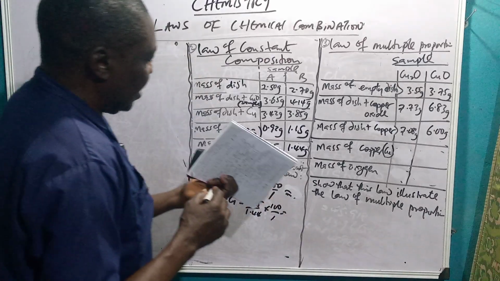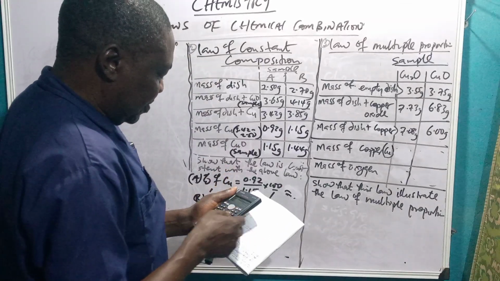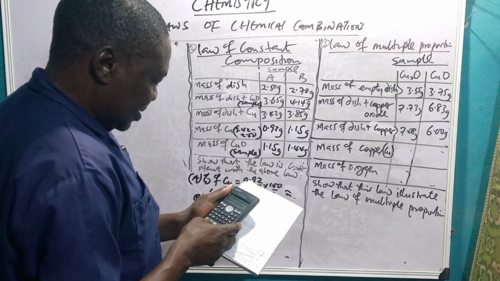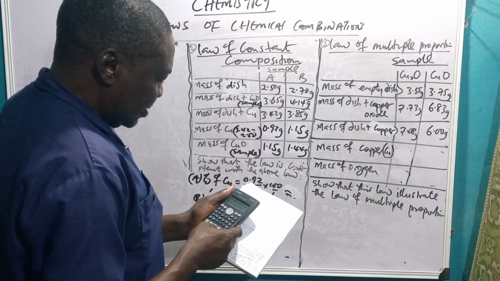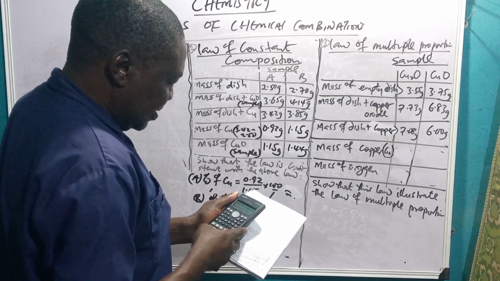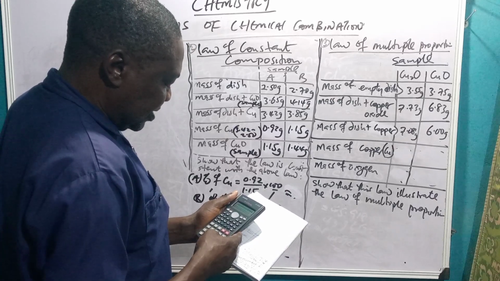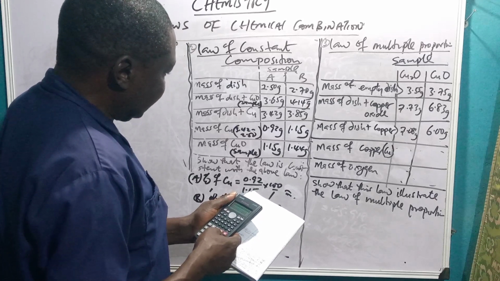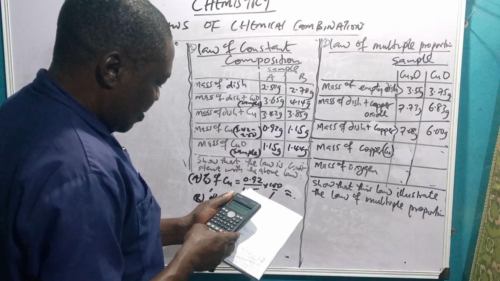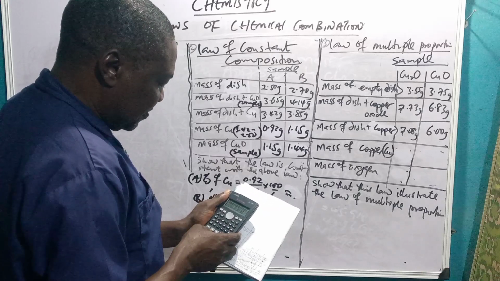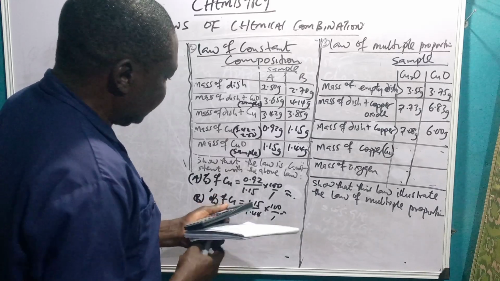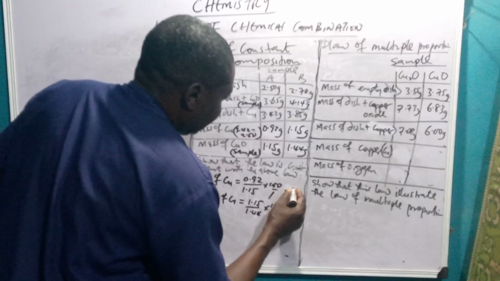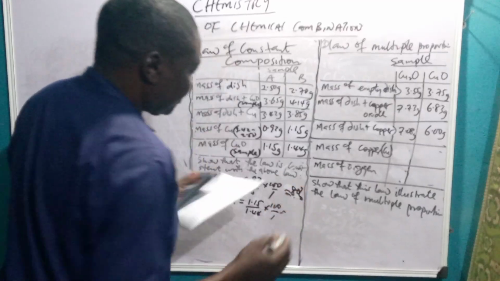So let's see what we have. 0.92 times 100 gives you 92, divided by 1.15 gives you 80. So here we have 80%.